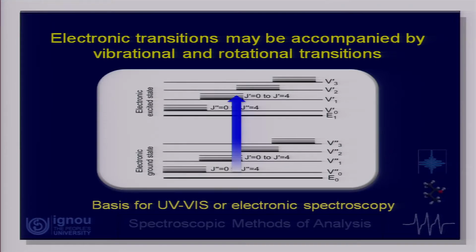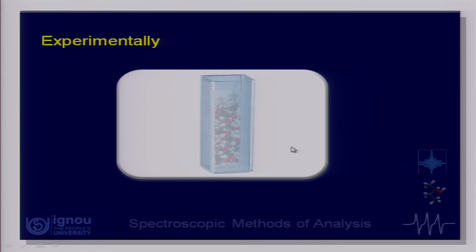As I mentioned earlier, this forms the basis for our UV visible spectroscopy or electronic spectroscopy. Now, what basically happens experimentally? Here I am showing a small container called a cuvette, which depicts a molecular system.